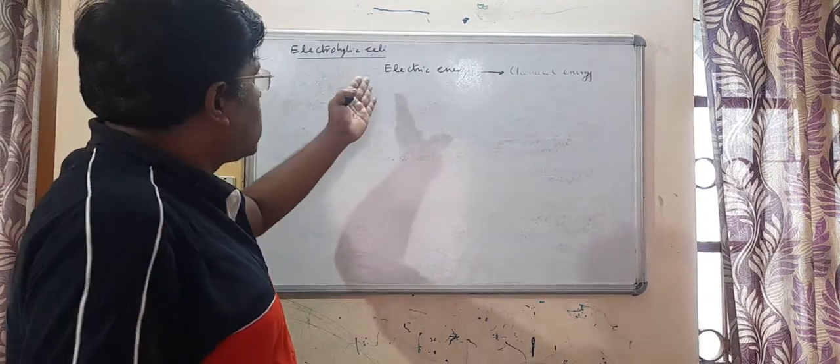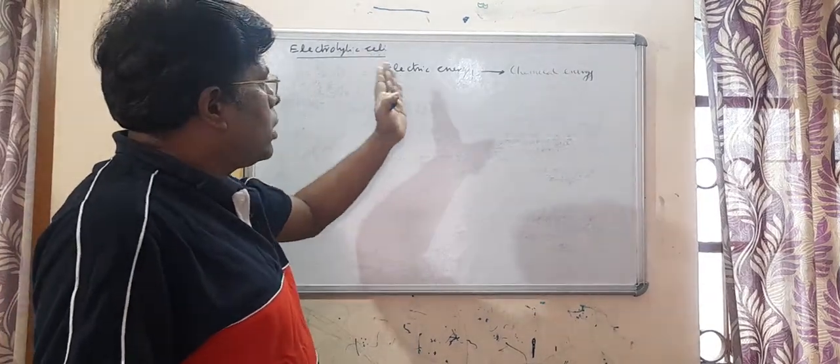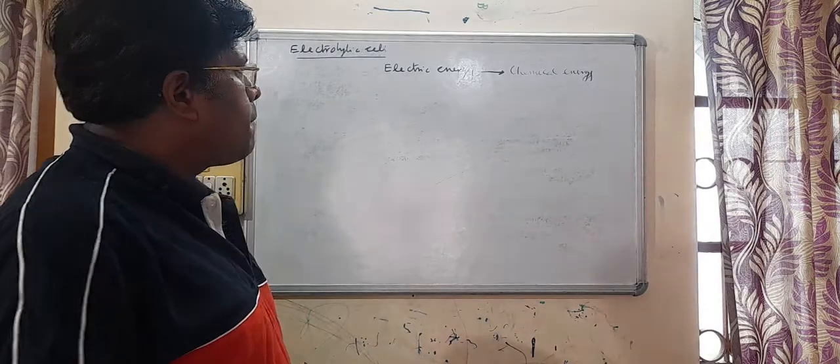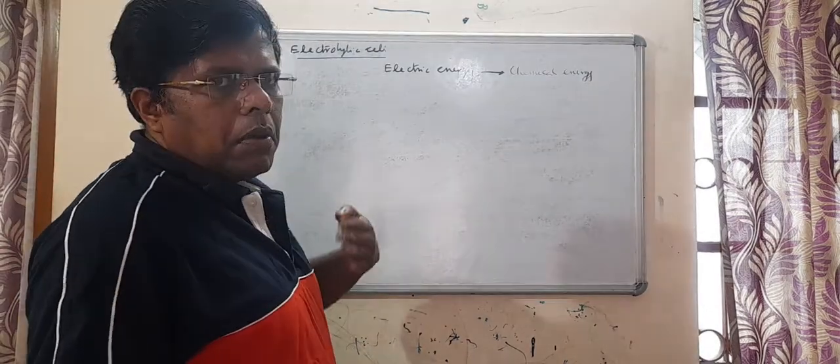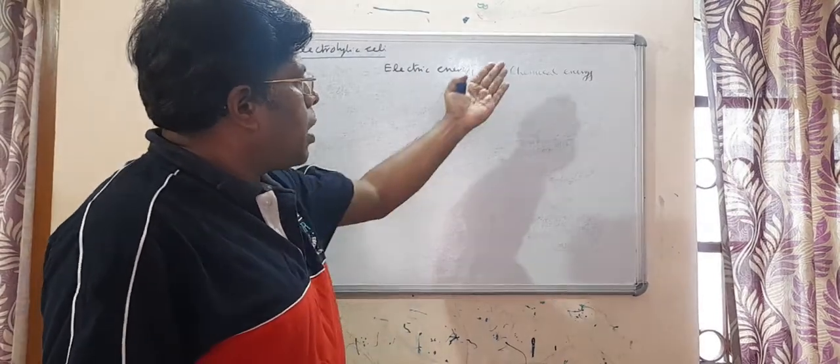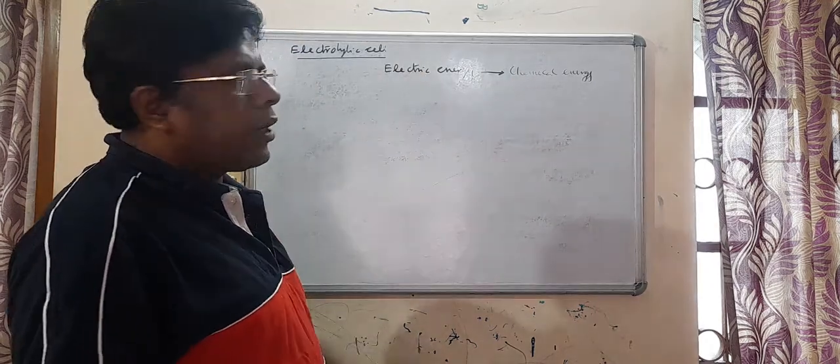So in an electrolytic cell, we can convert electric energy into chemical energy. Remember, in the case of a galvanic cell, chemical energy was changed to electric energy.